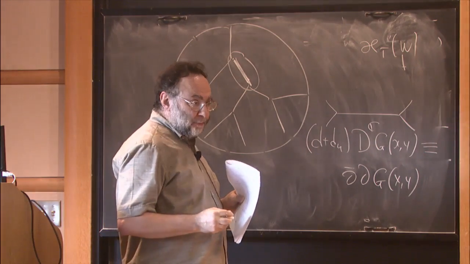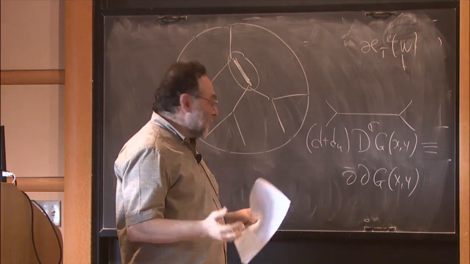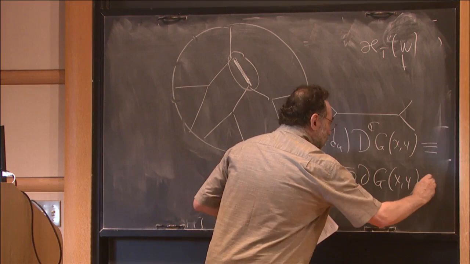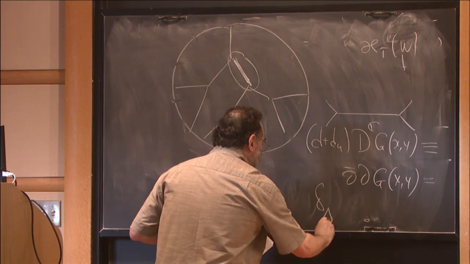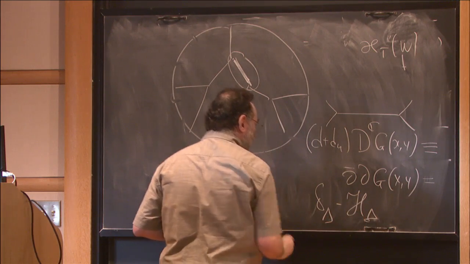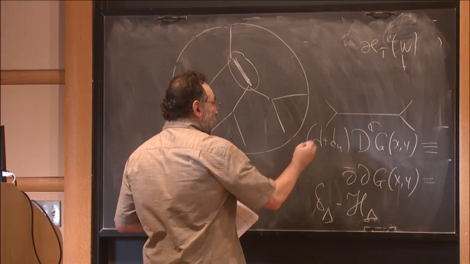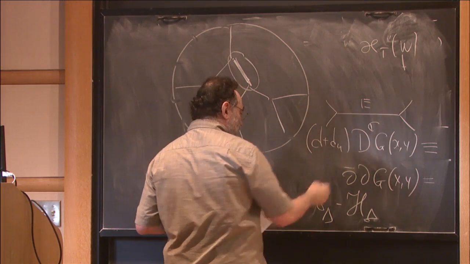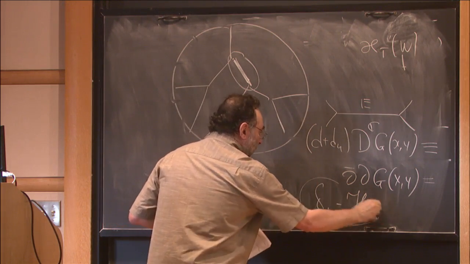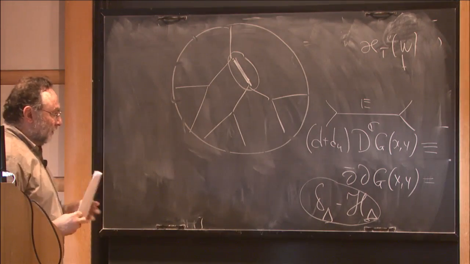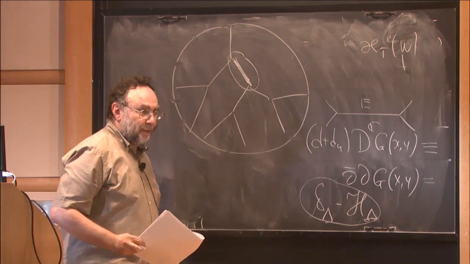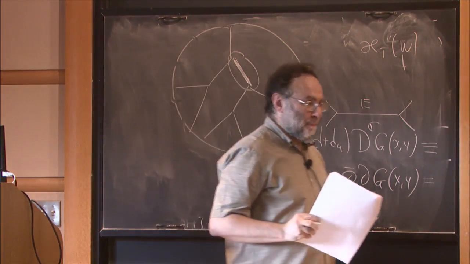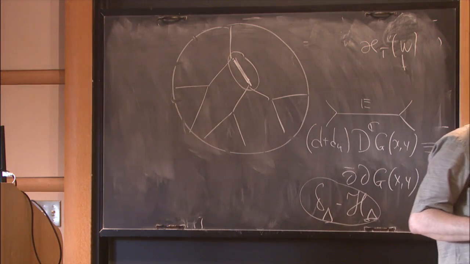But d bar d of the Green function satisfies the Green function equation. So this is the same as a delta function minus this harmonic term. And so the output is that when I differentiate anything sitting on this green edge, I'm getting two contributions, delta function and the harmonic contribution. Is that clear?